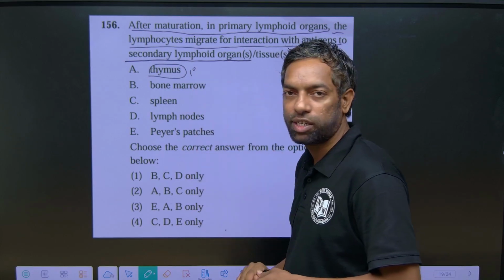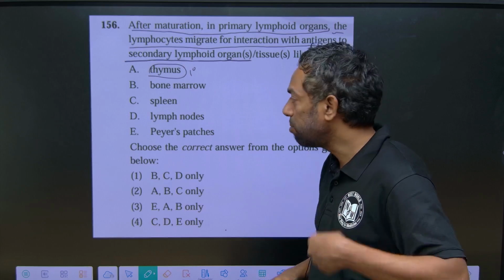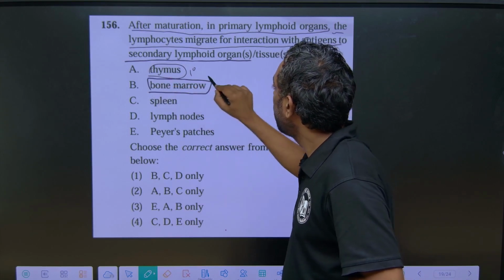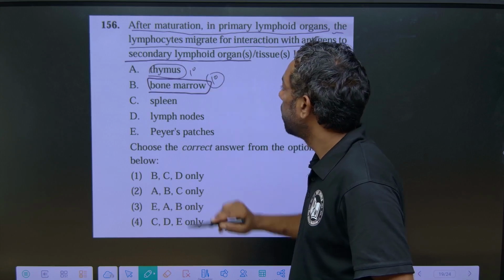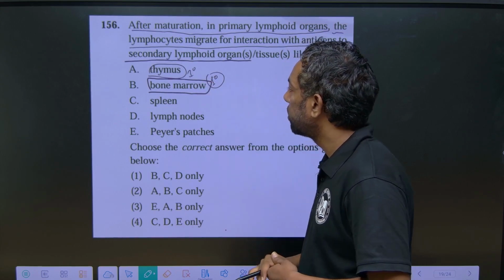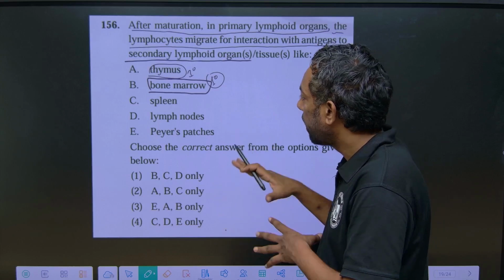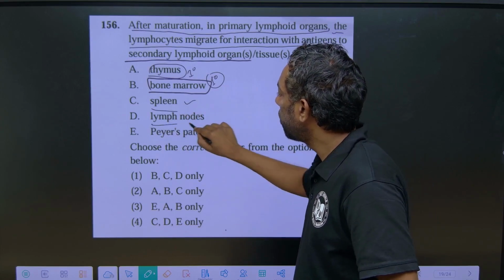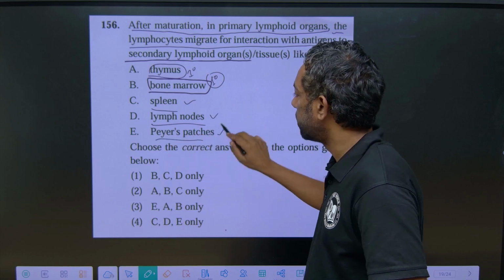From these they can enter the spleen, lymph nodes and Peyer's patches.